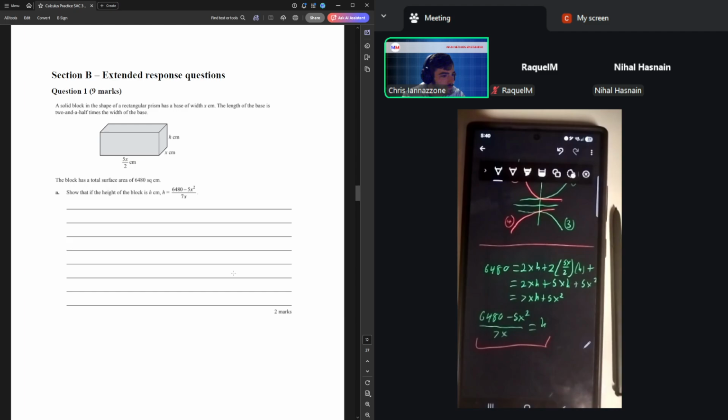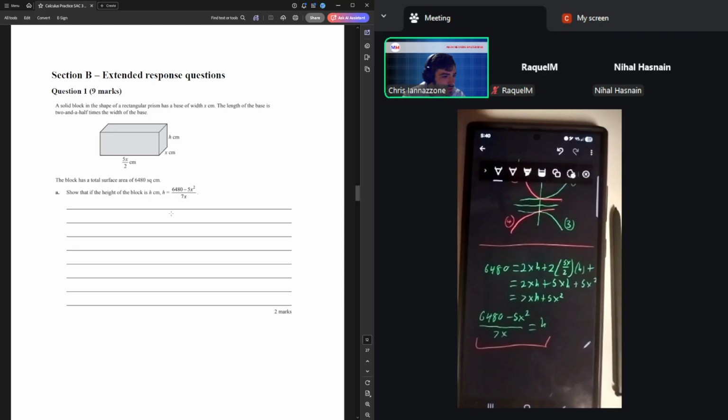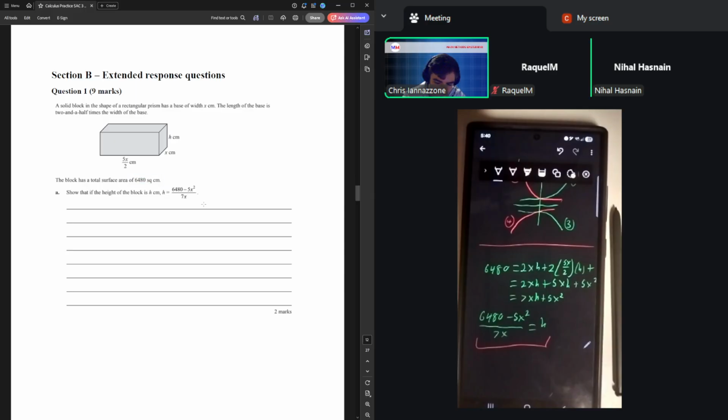It tends to be a bit easier for the other ones. It's a bit harder to conceptualize how x is going to be bounded here. For instance, we're not going to be able to go straight to... well, I guess you maybe could. Right, you could put this into your surface area formula and try to see what would get it to 6480.